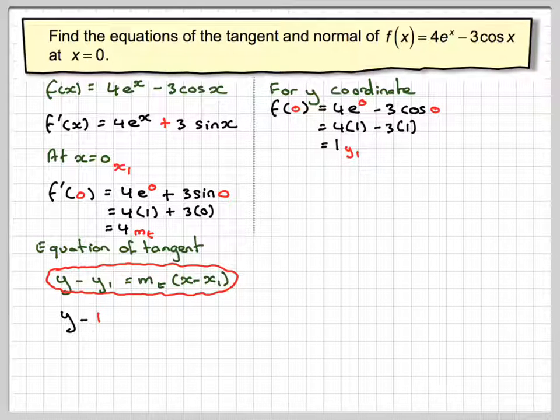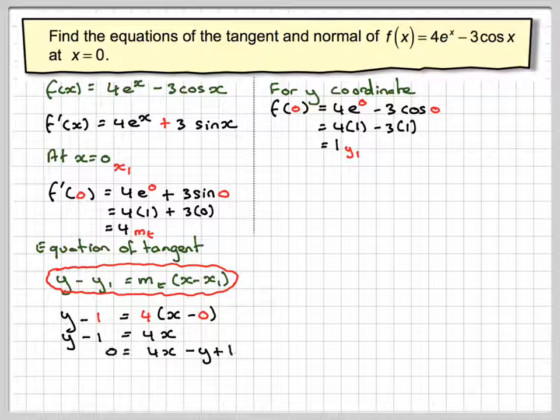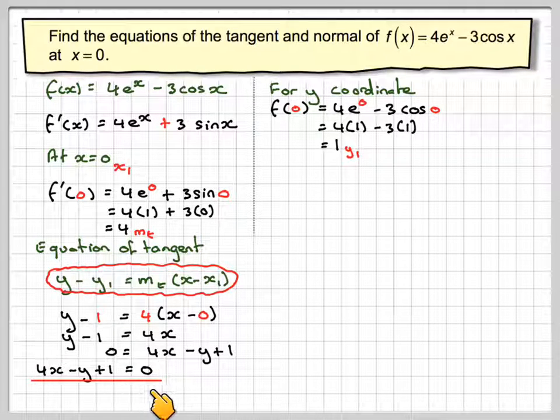So y minus 1 is equal to mt, which is 4, times x minus 0. So y minus 1 is equal to 4x, and then normally we'll take the y over here, so we've got 4x minus y plus 1 is equal to 0.